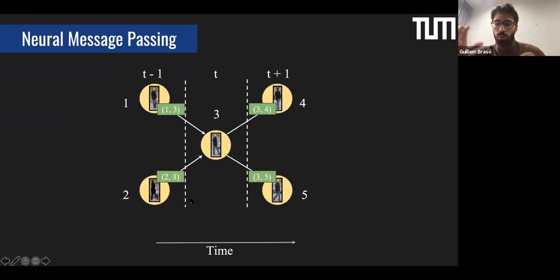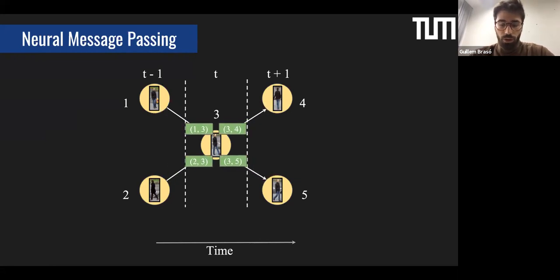And also, we don't really care about the order of neighbors. So ideally, we would have some operation that does not depend on the order. So the idea here is that, given a node, you would generally take all the edge embeddings from the neighbors, because if you recall, these edge embeddings already contain information about the neighbor node.